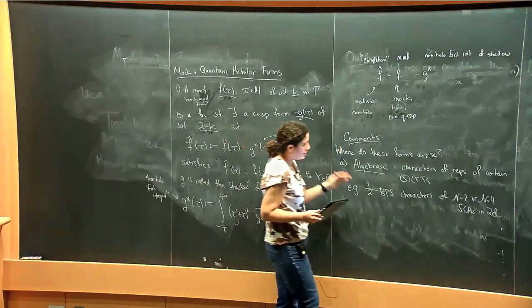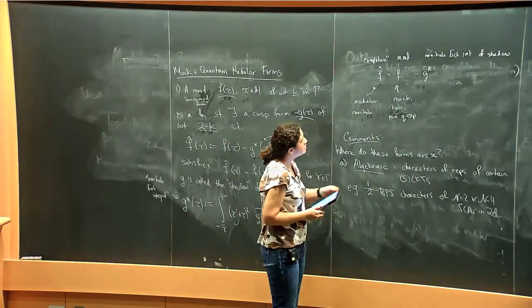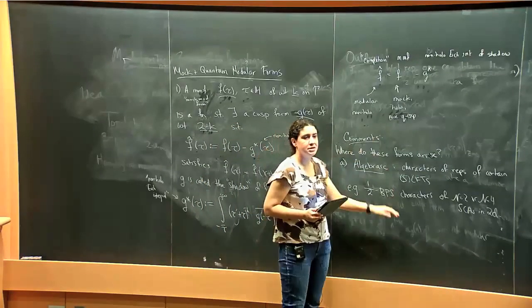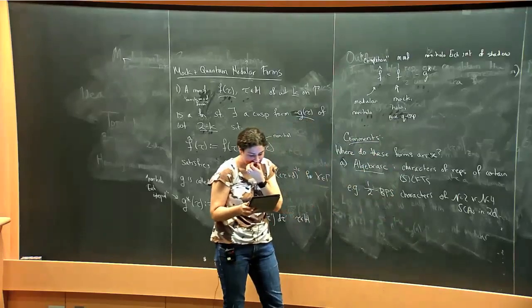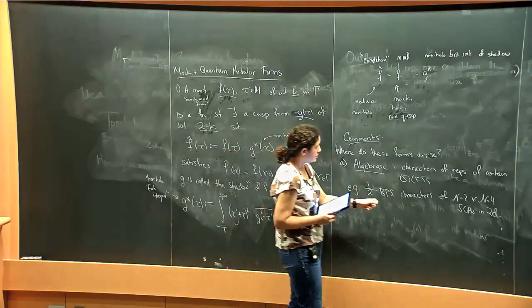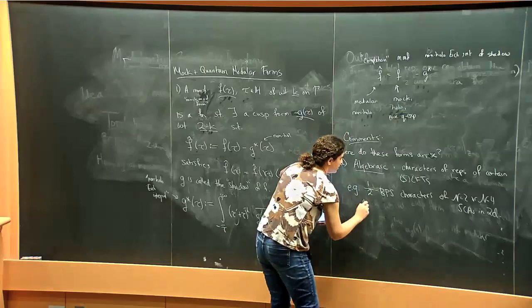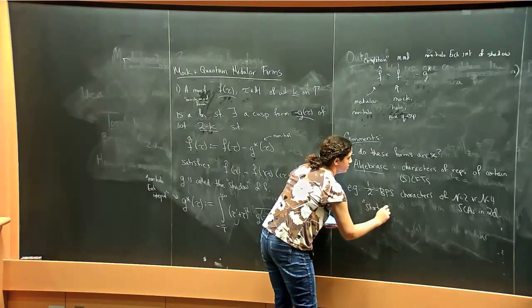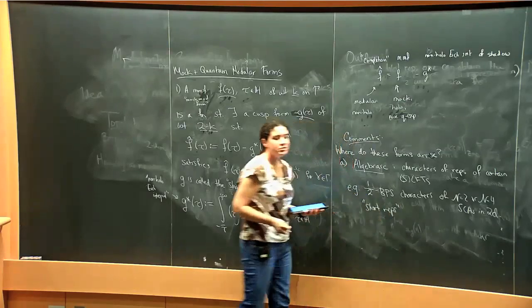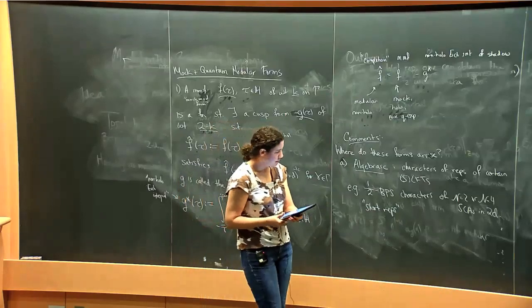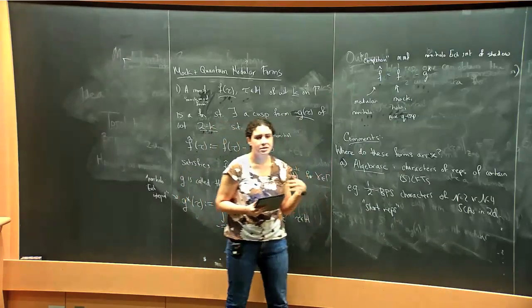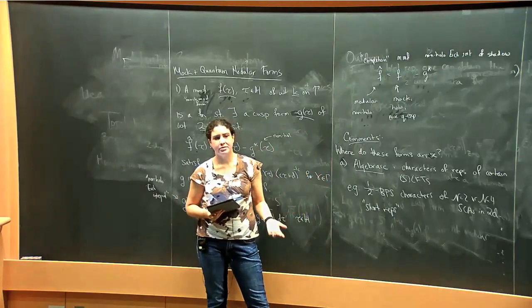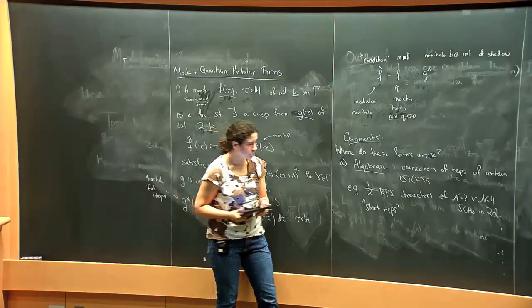And you can get an intuition for why you lose modularity in this case of half-BPS characters. Roughly, these are basically short representations, and when you consider short representations, there are additional conditions. These representations are annihilated by certain supercharges in the algebra.